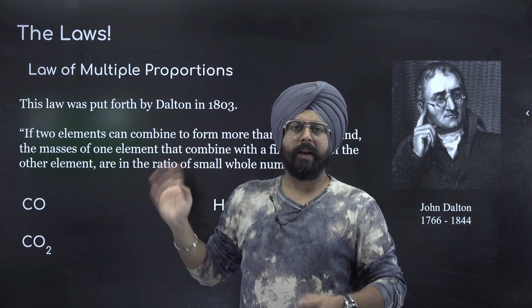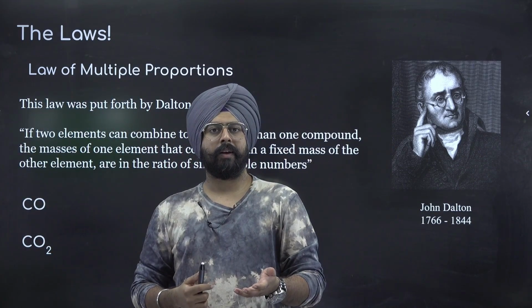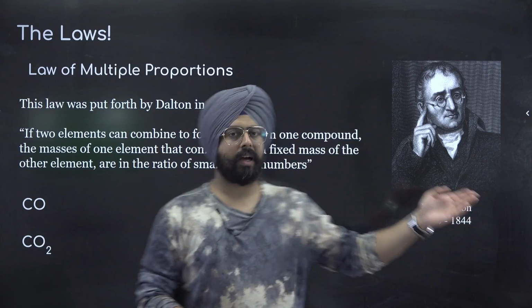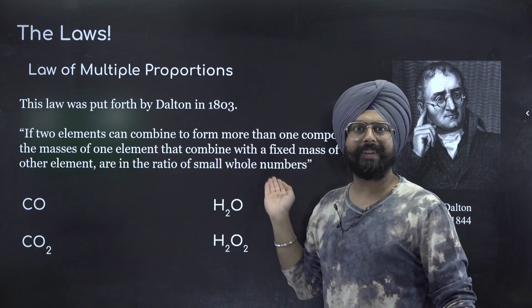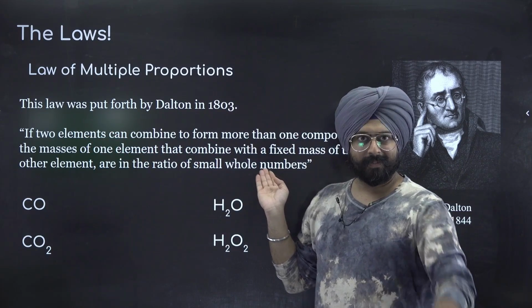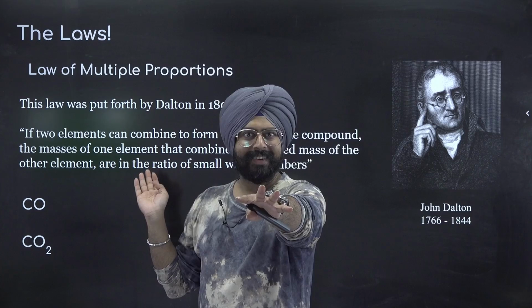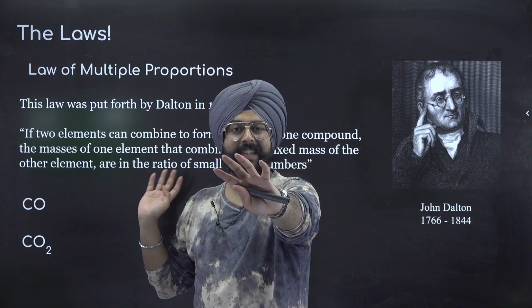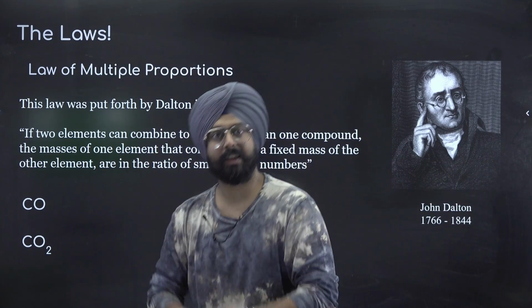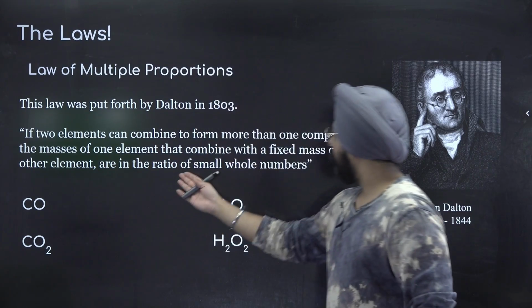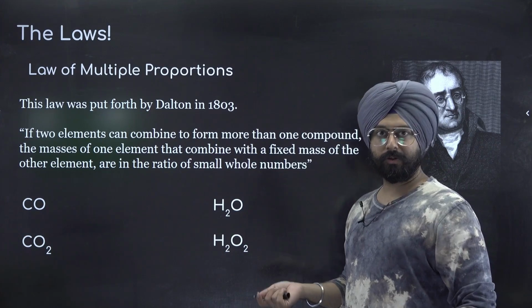Back then, it wasn't obvious. People didn't know about atoms. This is the guy who thought about atoms eventually. How did he think about atoms? Because he observed this. Chronology, do you understand the scientific chronology behind this idea? First observation was that they combine in small whole number ratios.